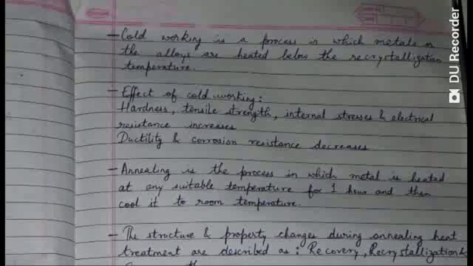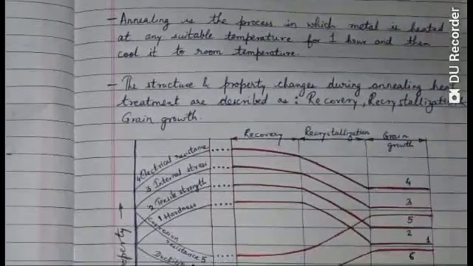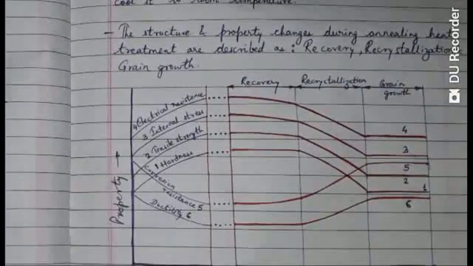Annealing is the process in which the metal is heated to a suitable temperature for 1 hour and cooled to room temperature. Now we will be seeing the property and structure changes during annealing heat treatment. The phases are recovery, recrystallization, and grain growth.